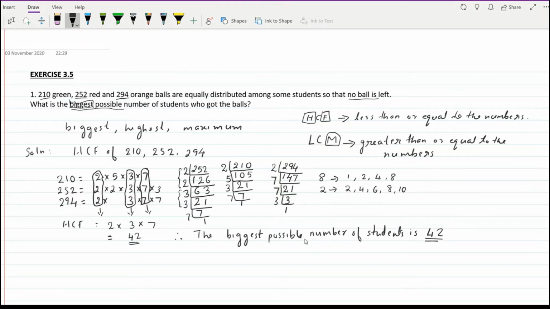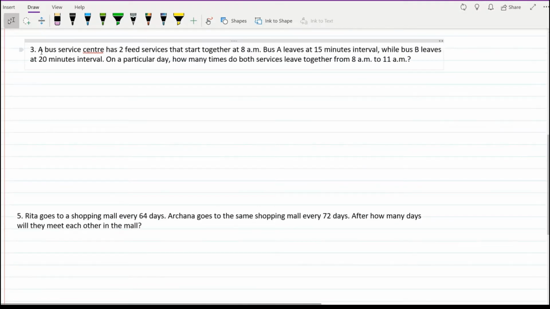So this question is over. We can go to the next question, that is question number 3. A bus service center has 2 feeder services that start together at 8 am. Bus A leaves at a 15 minutes interval while bus B leaves at a 20 minutes interval. Here it is given that 2 feeder services are there from a service center or a bus station, and the time that the buses start is 8 am.